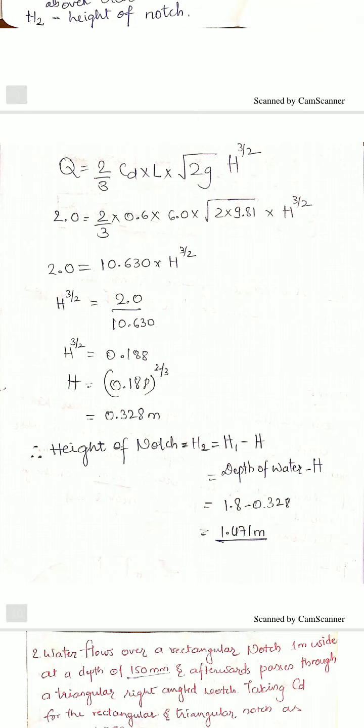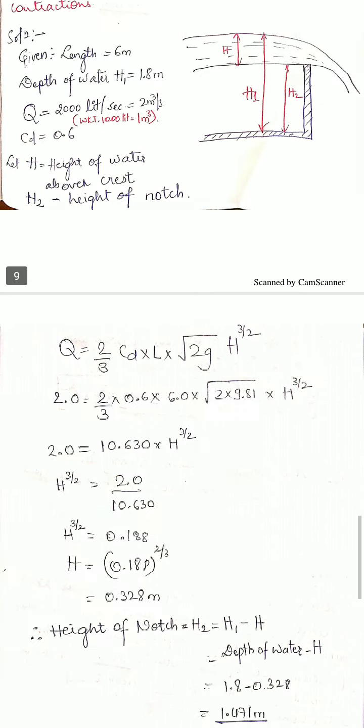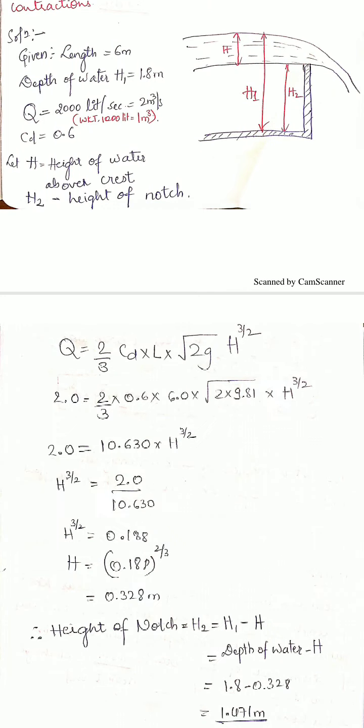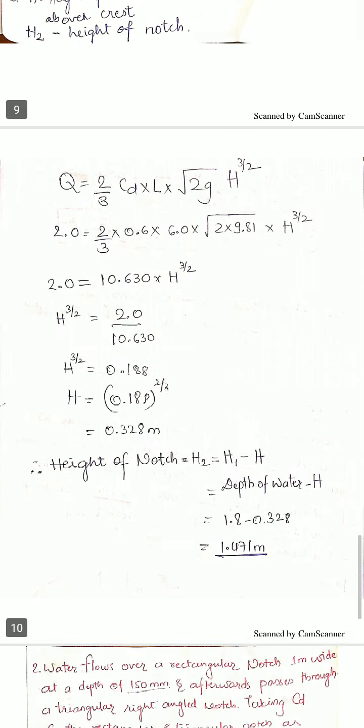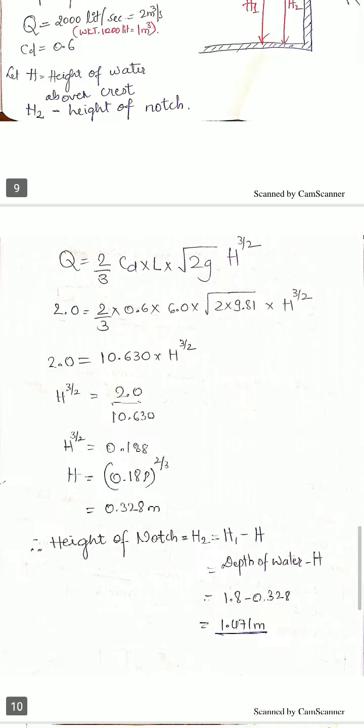Now we go for the height of the notch. H1 is the total depth, so H2 equals H1 minus H, which gives 1.471 meters.